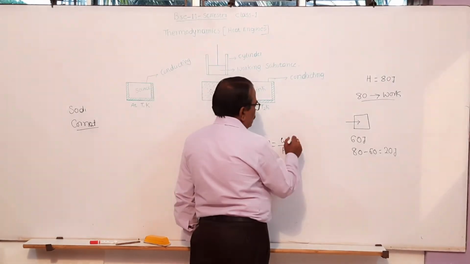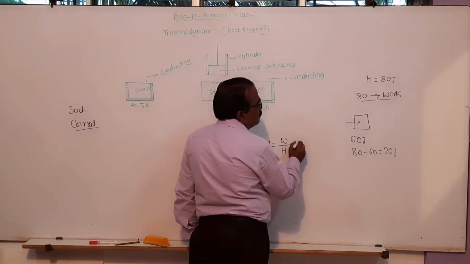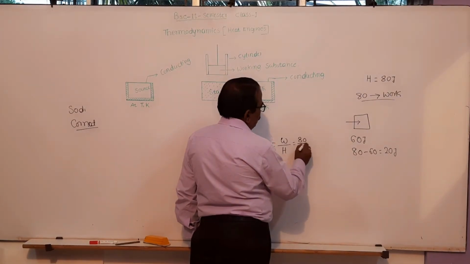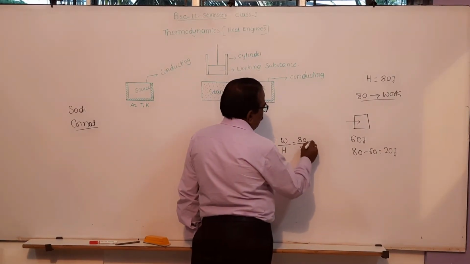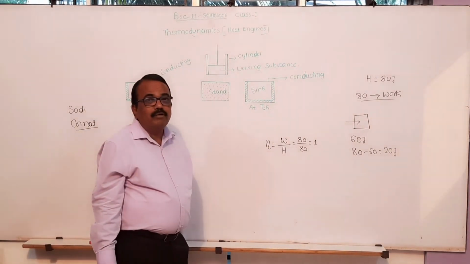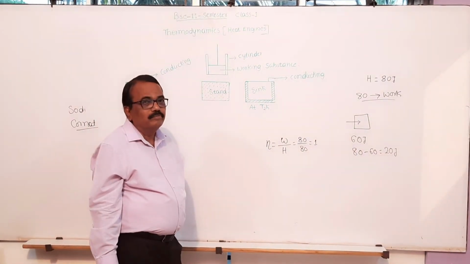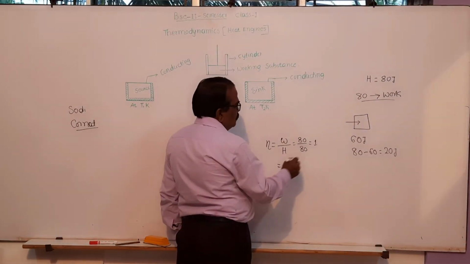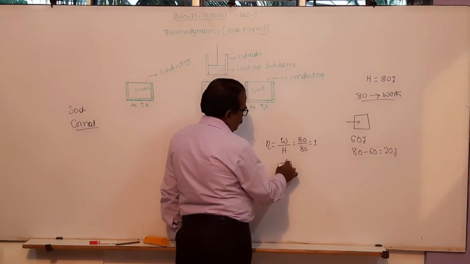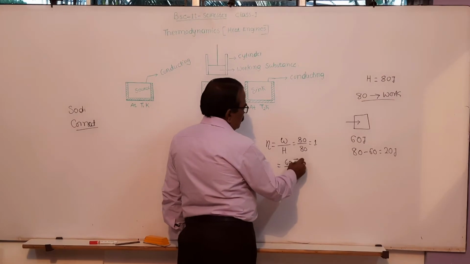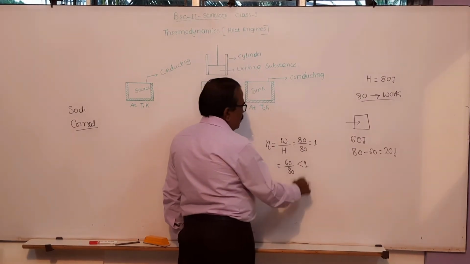If work done in the first case is 80 and the amount of heat supplied is 80, then this is the maximum efficiency. Very good engine. In the second case, say work done is 60 joules and the amount of heat supplied is 80, so this is less than 1.